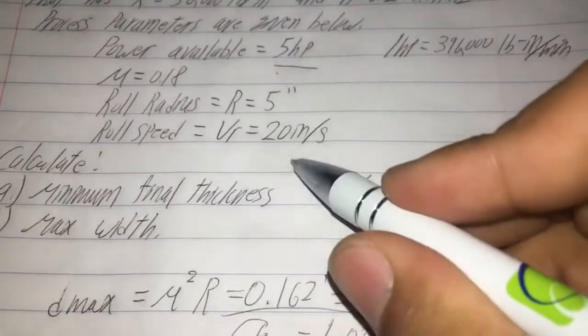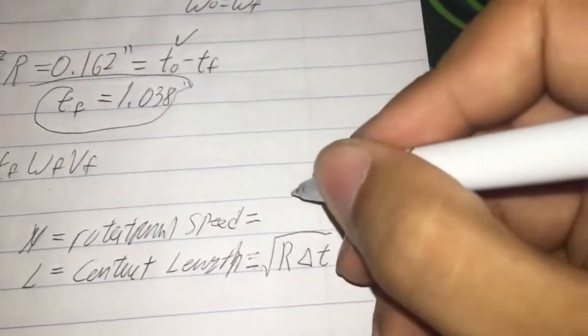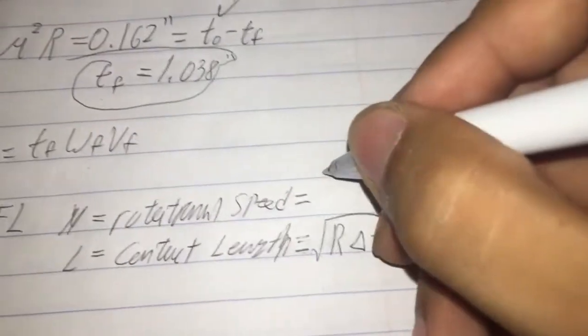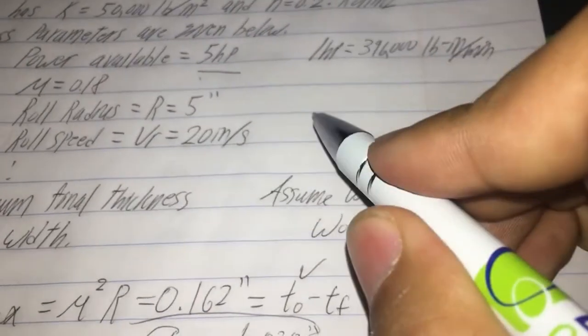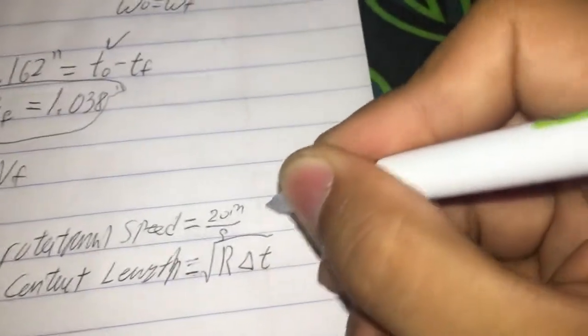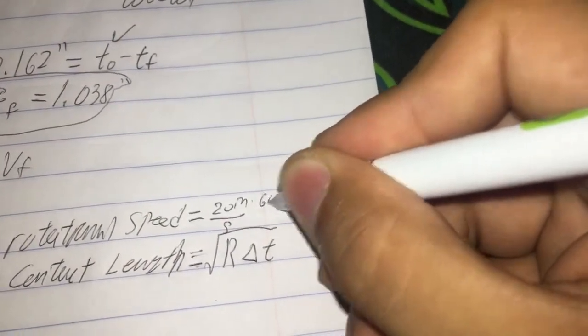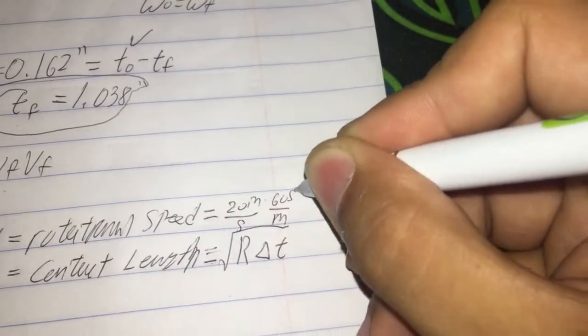For N, we know what the roll speed is. That's VR equals 20 inches per second. All you really need to do is convert the seconds to minutes and the inches into revolutions. Well, this is pretty easy. You just take what you start off with, convert that to seconds, 60 seconds per minute.